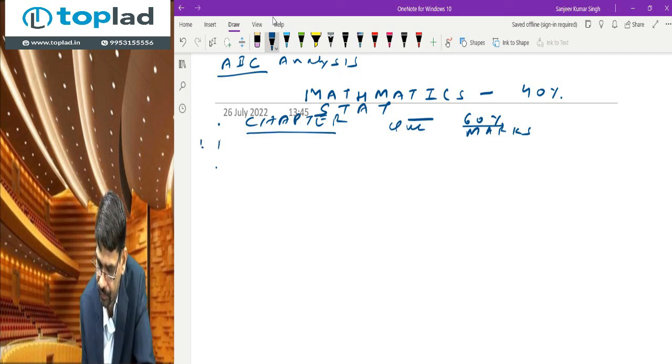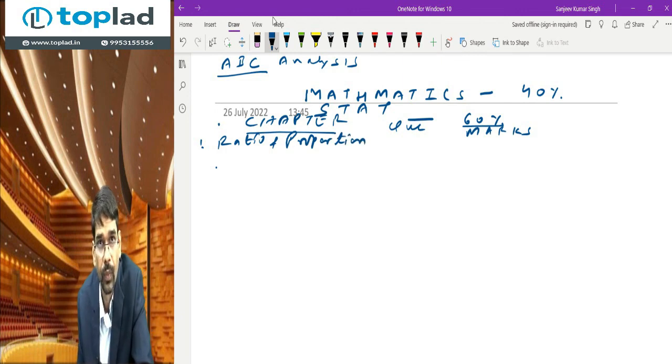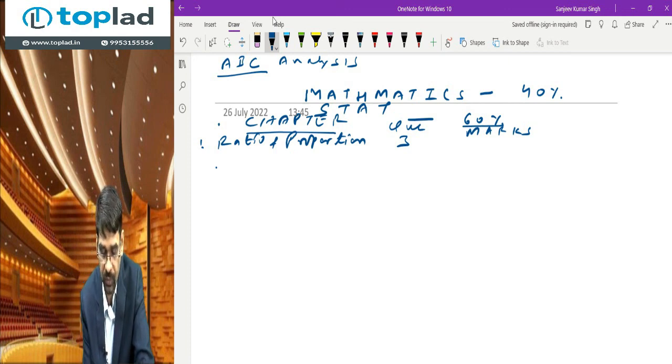Number 1, ratio and proportion. From this chapter, ratio and proportion, our institute asked how many questions? 3 questions. 3 questions means 6 marks.